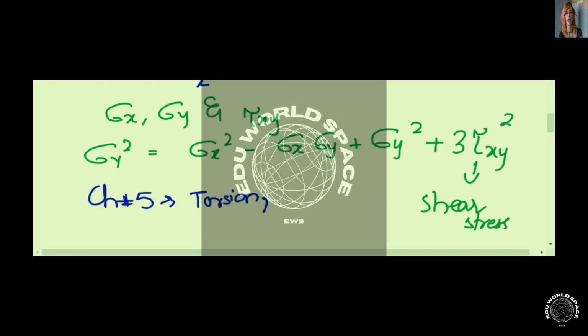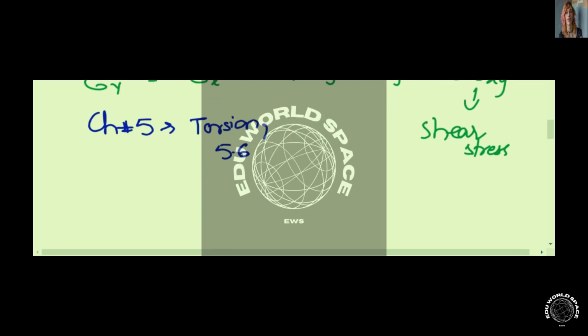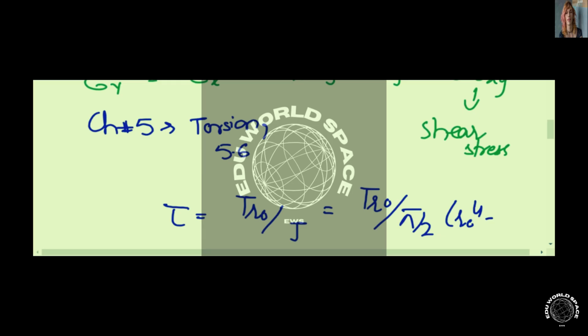From chapter 5 we would be using equation 5.6, and this equation gives us tau is equal to T times R naught divided by J, and that is equal to T R naught divided by pi by 2 into R naught raised to power 4 minus R sub i raised to power 4.